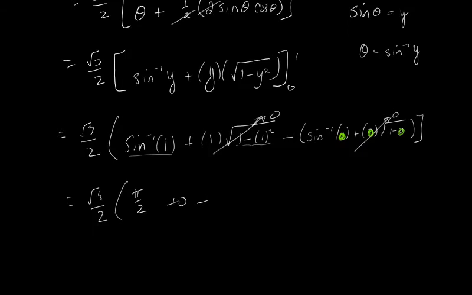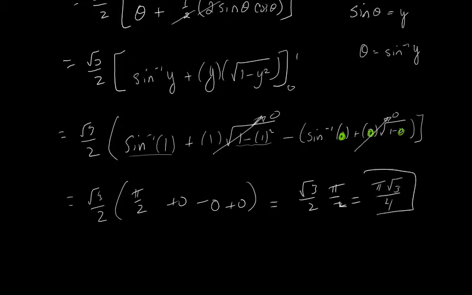The angle whose sine is 0 is 0, so that'll be minus a 0 plus nothing, plus 0. So this comes out to be root 3 over 2 times pi over 2, which is equal to, I'll put the pi first, pi root 3 over 4. And there is the exact surface area for this surface over this region, the quarter circle.